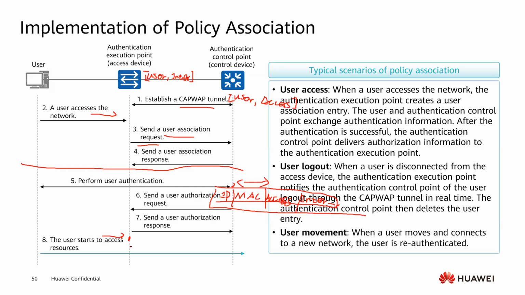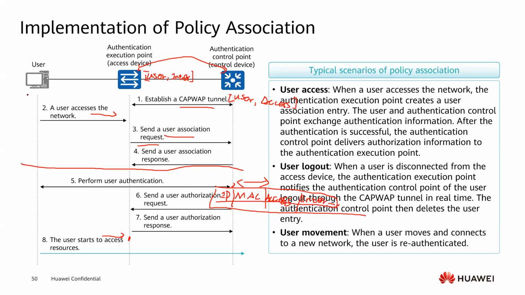The typical scenario of it is, first, user access. For user access, the two devices create these entries to record the user's access. When the users log out, the access devices will detect it immediately, and then go through the web terminal to tell the authentication control point that the users have logged out, so you need to record it.